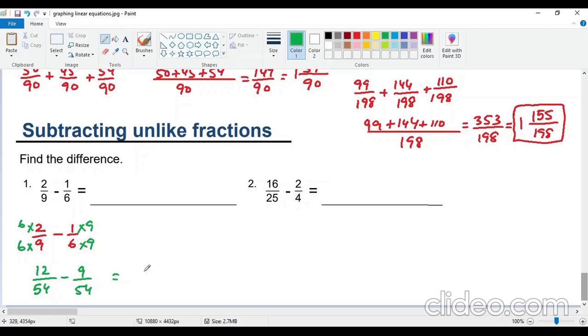Procedure is same. 54. 12 minus 9 is going to give us a 3. Here we can reduce both of them. For example, if both are divided by 3, divide by 3 and divide by 3 is going to give us 1 over 54 divided by 3, which is 18. So 1 over 18 is going to be your final answer.